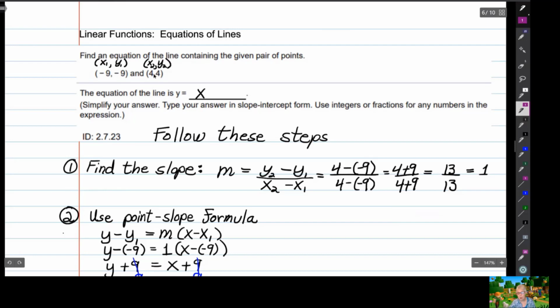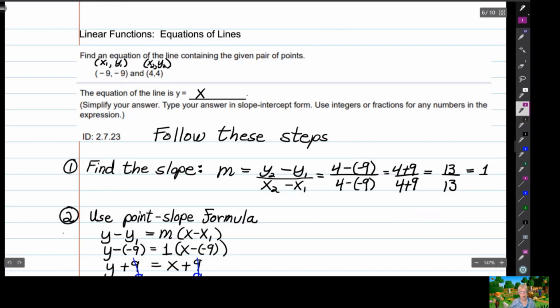Now, if truth be told, there are an infinite number of points on the line, but we only know two of them, -9, and 4, 4. We're going to find the equation of the line that contains those points. Once we have the equation of the line, we can find other points. That's the goal.